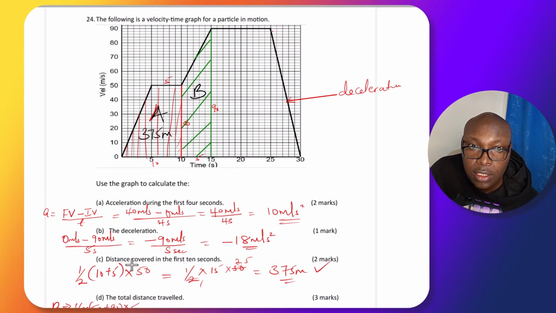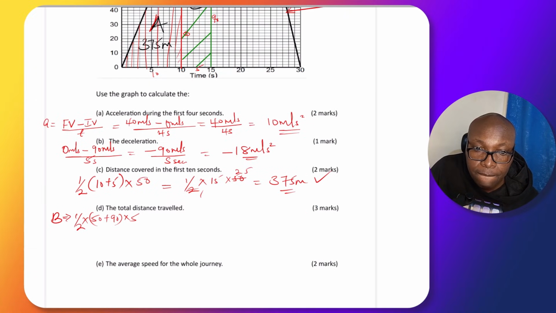This gives a half times 140 times 5, so 7 times 5 gives 350 meters.